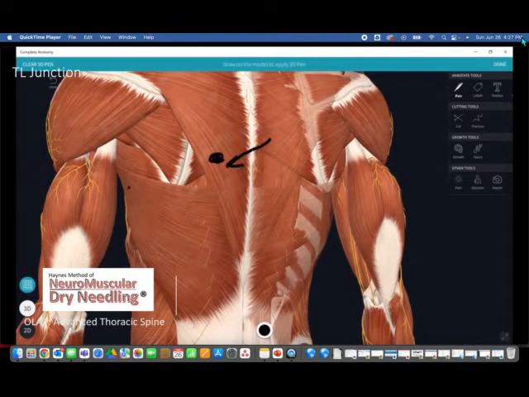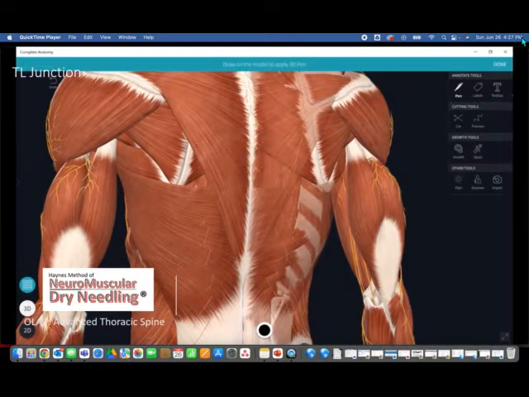For latissimus, we're just going to put our hand into that bulk of the muscle in the axilla, and in about this location we will needle away from midline, from medial to lateral, making sure that we don't get into the rib cage.